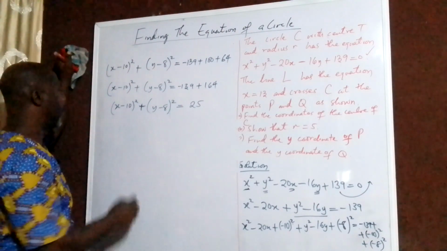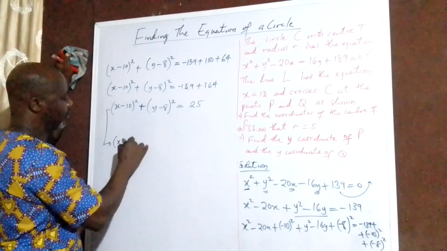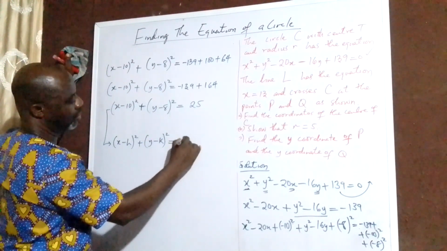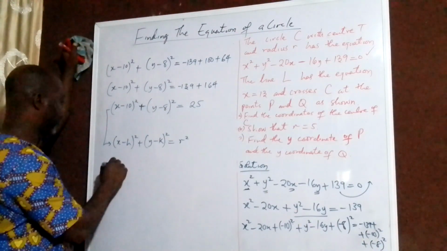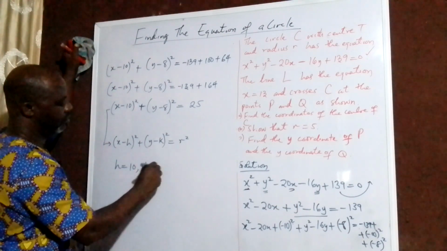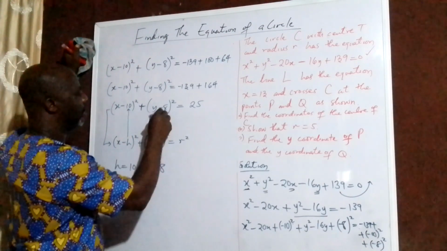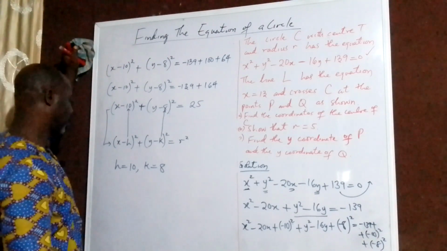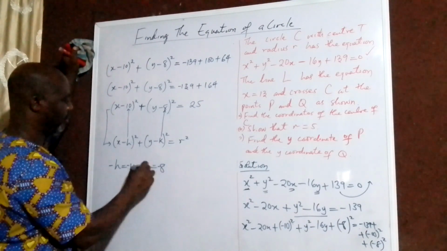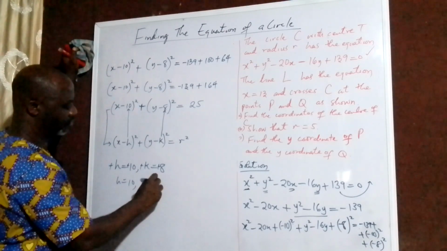Now, if we compare this to the standard form, x minus h squared plus y minus k all squared equal to r squared, what we are going to notice is that h will be equal to 10 and then k will be equal to 8, because h will be comparable to this and then k will be comparable to that, right? Or you can say minus h equal to minus 10 and minus k equal to minus 8. So whichever way you do it, h will be equal to 10 and k will be equal to 8. So the center.